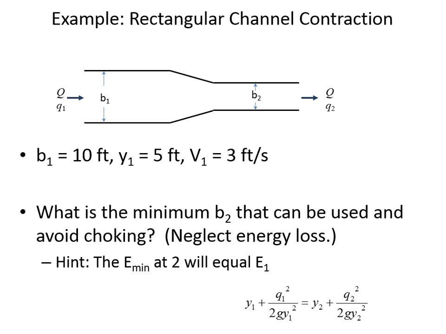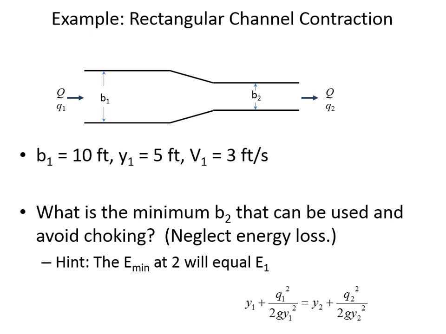And now the smallest B will lead to the biggest q for some certain Q. Okay, so we've got a flow rate, and we're going to try and make B2 progressively narrower and narrower until we've got the biggest flow per unit width that can be handled.